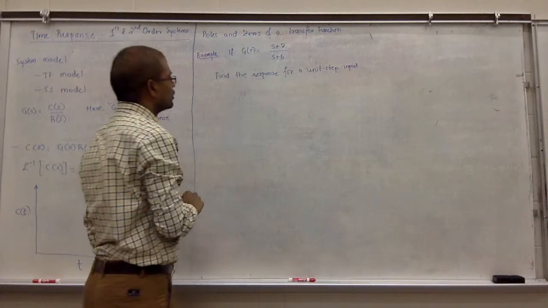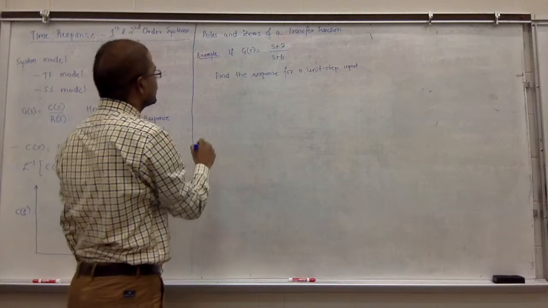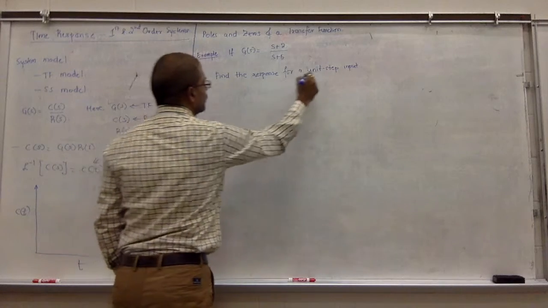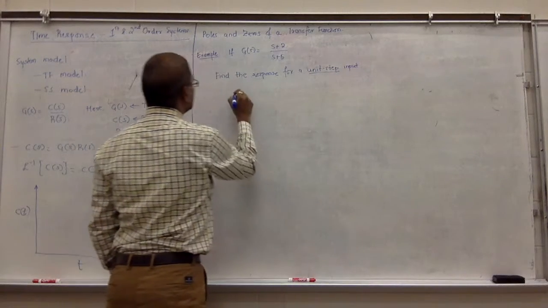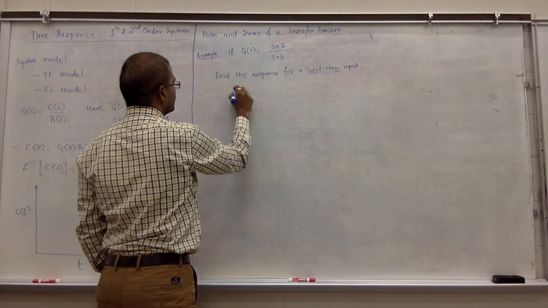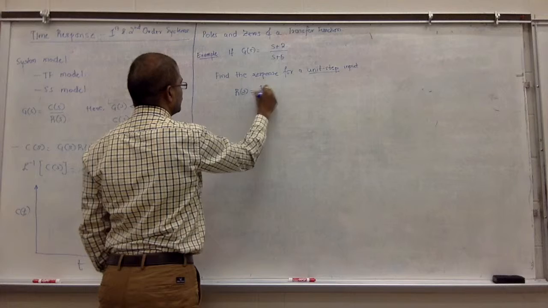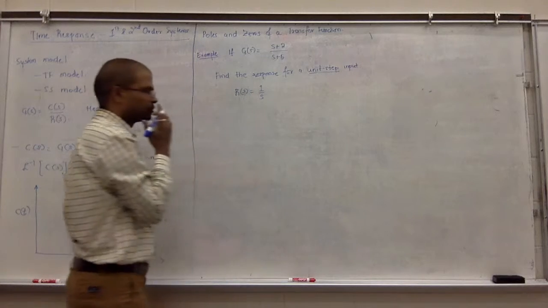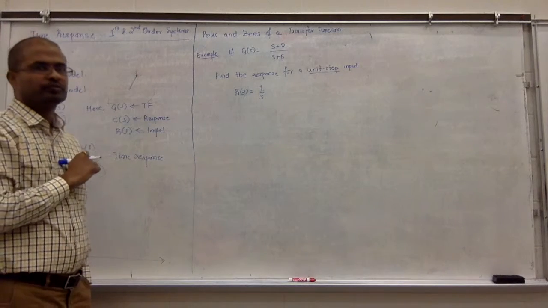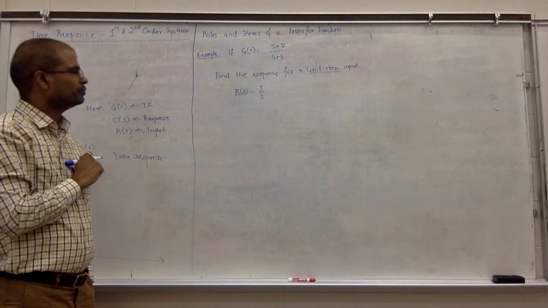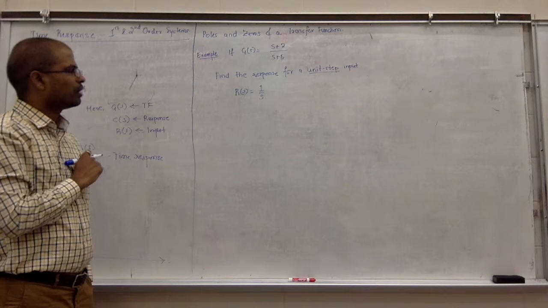Okay? So now what you're looking at is, for unit step input, R of S is equal to 1 over S. Okay? This is how R of S is defined.